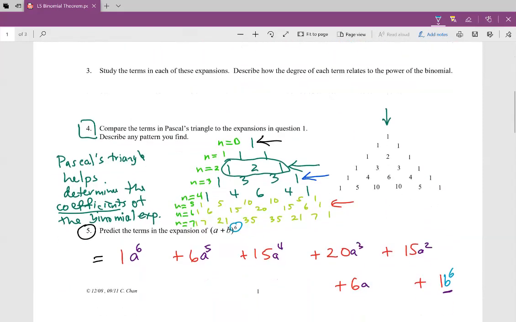Back to this. So going from right to left, the second last term was 6a. I think a lot of you know it's going to be 5. And that's b4, b3, b2, b1, and then no b. And there you have it, ladies and gentlemen. You have the general expansion for a plus b to the 6.